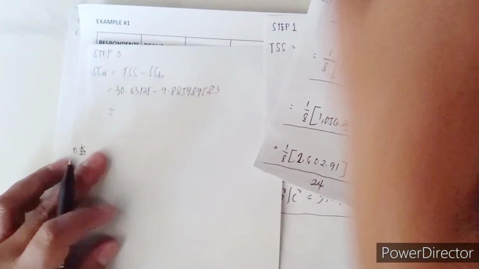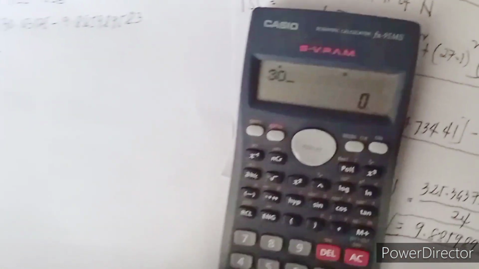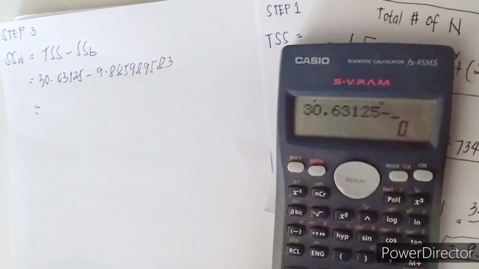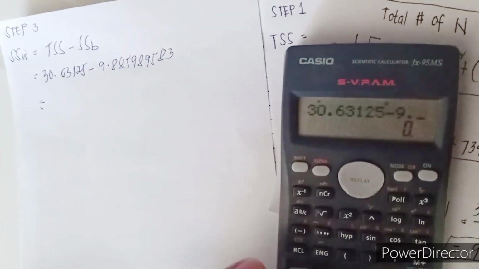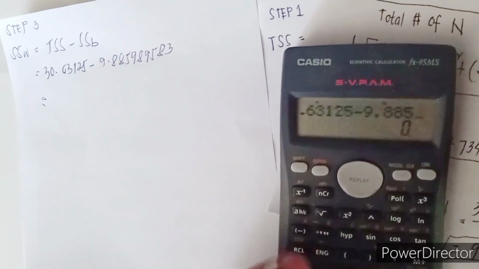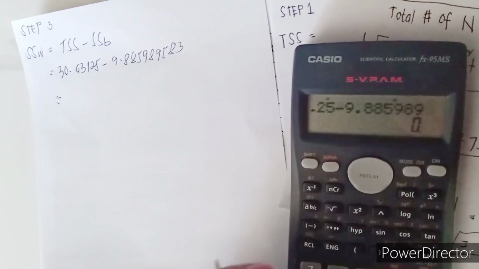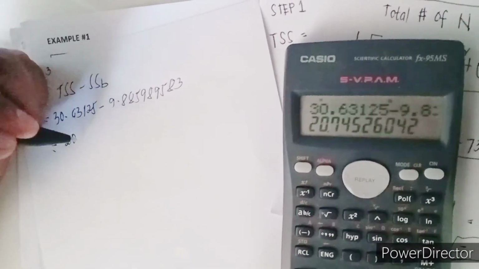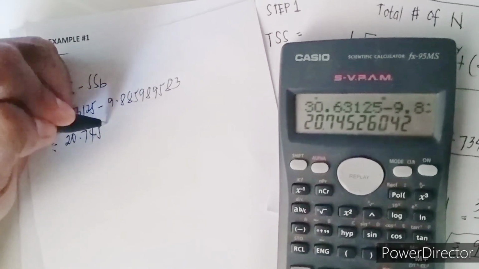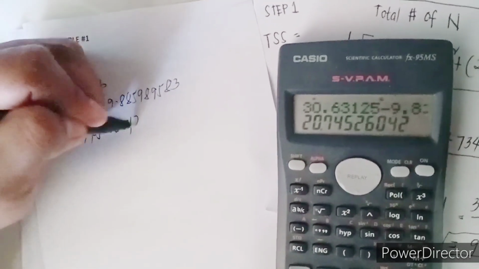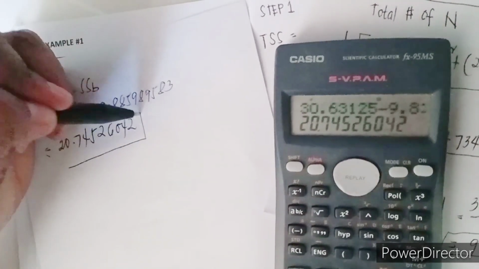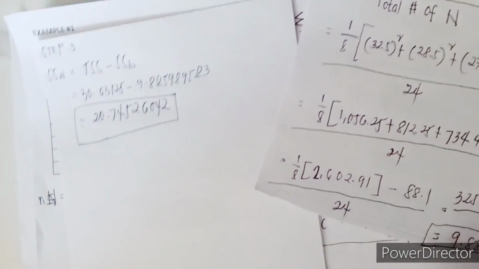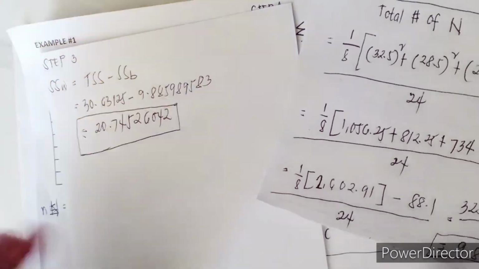So our SSW is equal to 30.63125 minus 9.885989583 equal to 20.74526042.